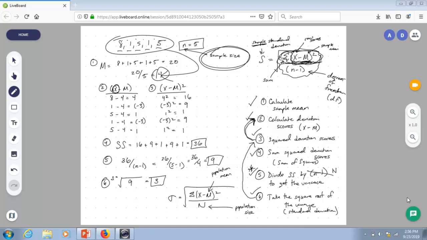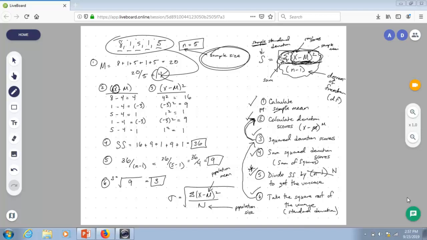In step 2, we would still be subtracting the mean from each raw score, but instead of the sample mean, of course, we would be utilizing mu, or the population mean, in its place. Of course, we'd have to make an adjustment here, say population mean instead of sample mean.